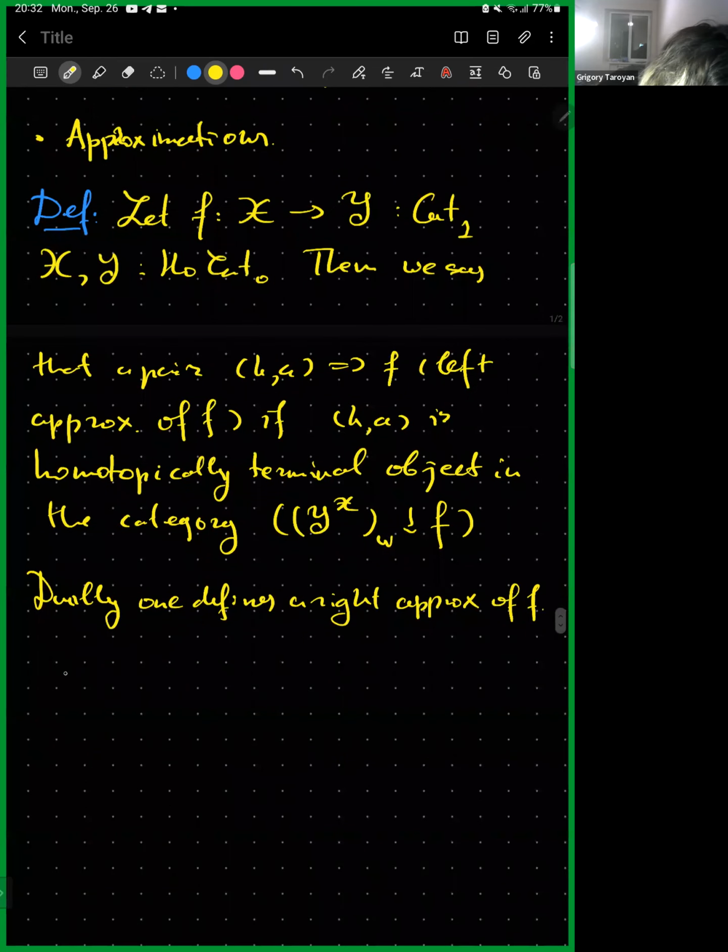So what are the properties of these approximations? Well, they're pretty similar to what we discussed for Quillen functors. So first of all, such an approximation, if it exists, is unique.